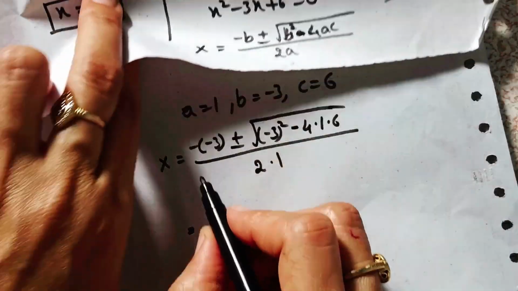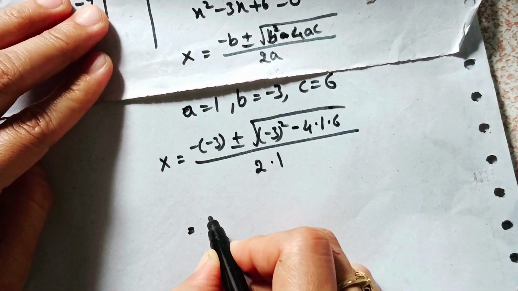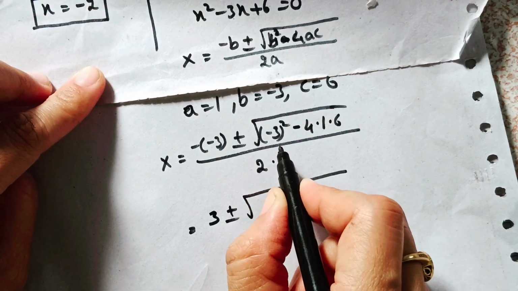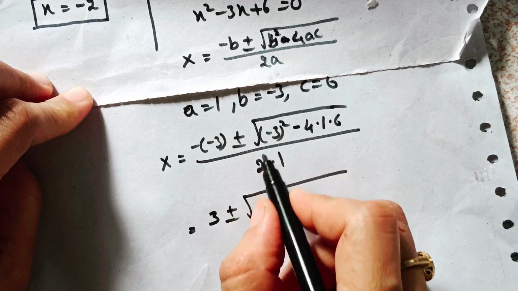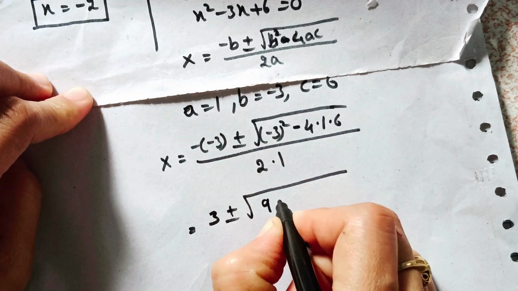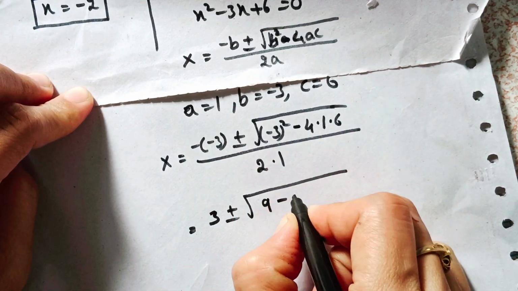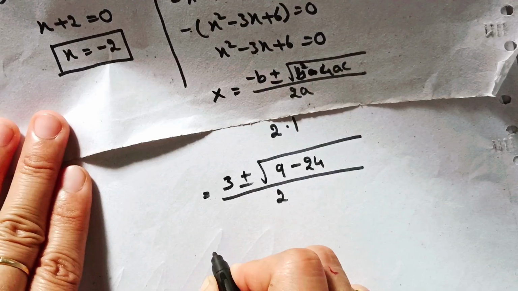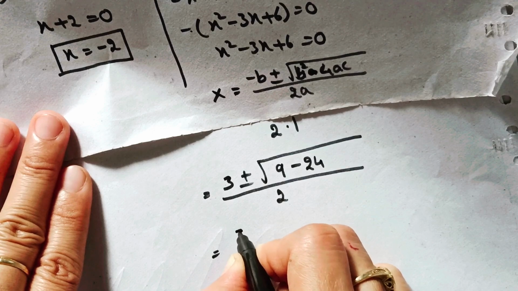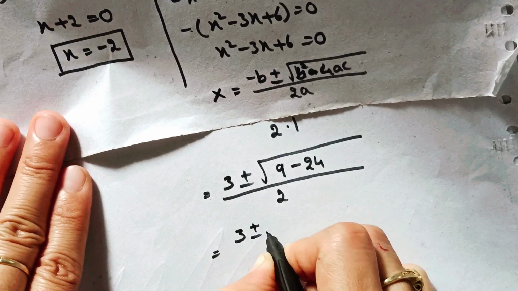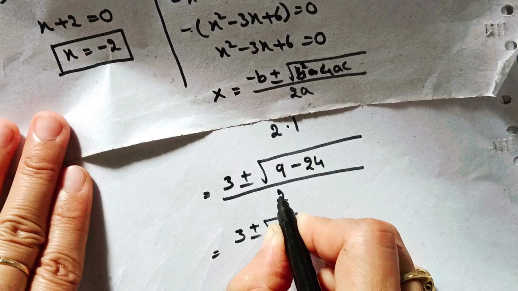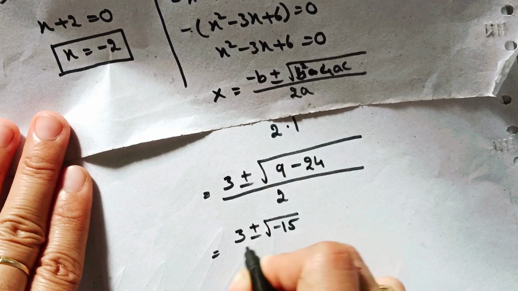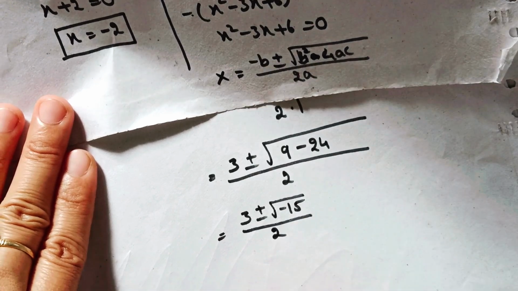So the next step will be: minus of minus is plus 3, plus or minus square root of, minus 3 whole square means 9, minus 6 fours 24, divided by 2. Next step will be 3 plus or minus square root of 9 minus 24, which is minus 15, divided by 2.